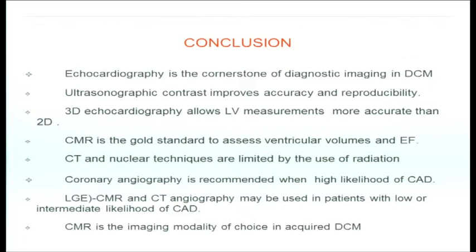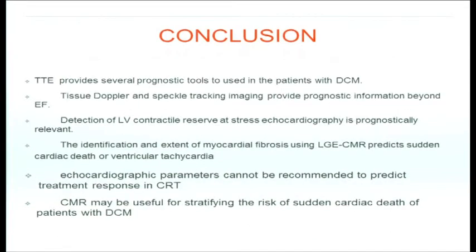Late gadolinium enhancement cardiac MRI and CT angiography may be used in patients with low or intermediate likelihood of coronary artery disease. Cardiac MR is the imaging modality of choice in acquired dilated cardiomyopathy. Transthoracic echo provides several prognostic tools as I've described earlier, and tissue Doppler and speckle tracking imaging provide prognostic information beyond ejection fraction.